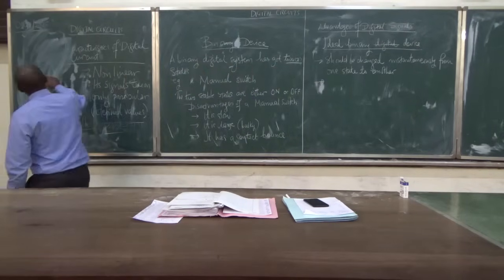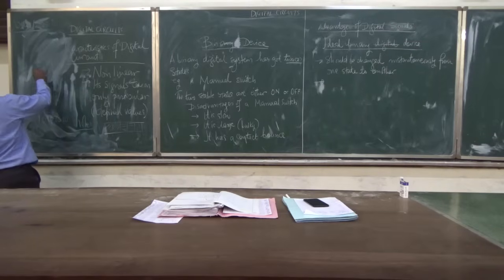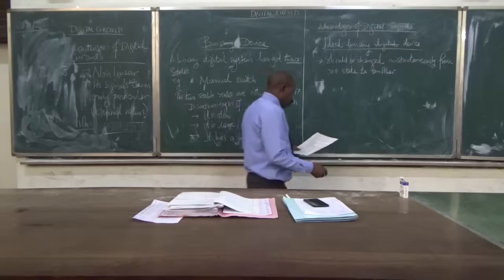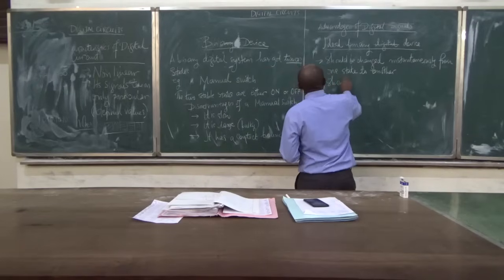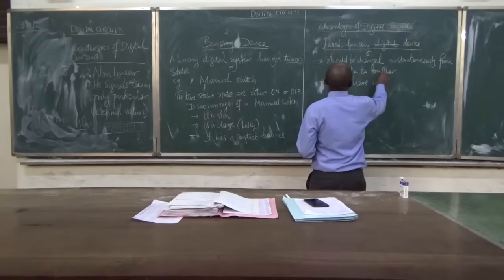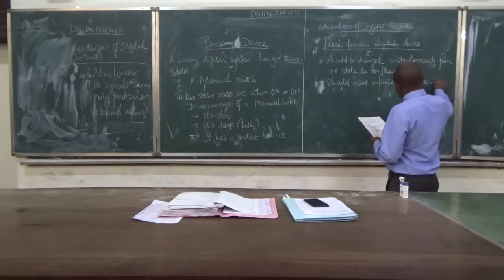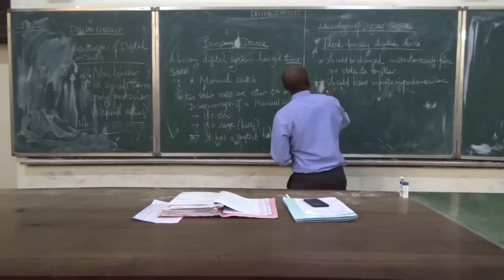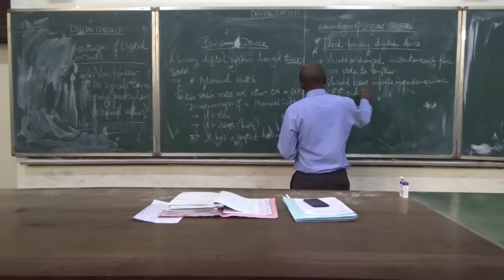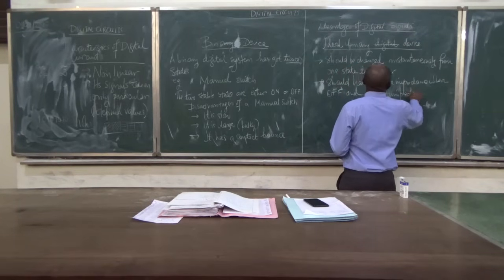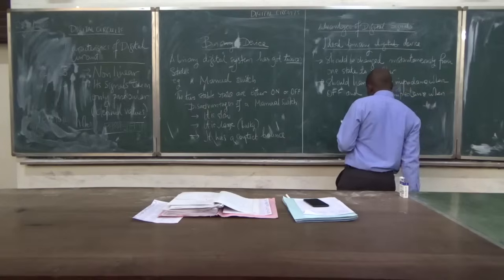Off should be infinite impedance and on zero. It should have infinite impedance when off, and zero impedance when on.